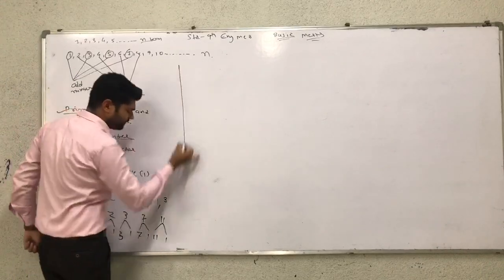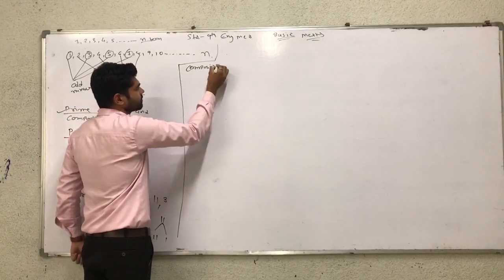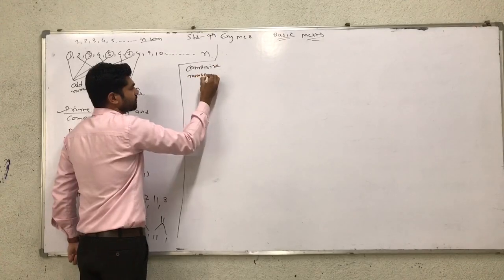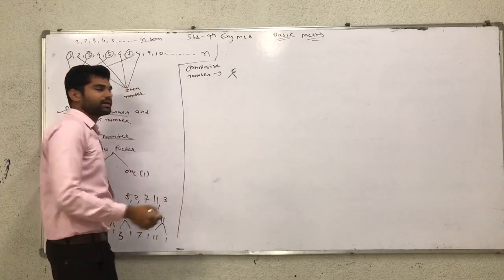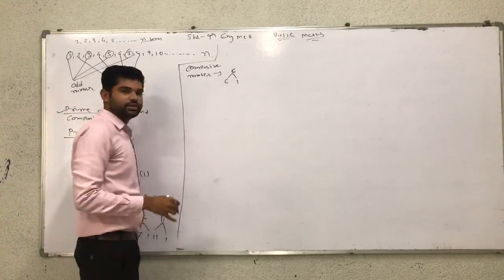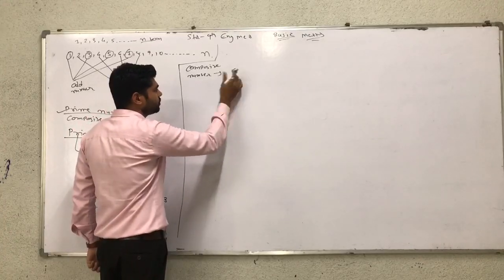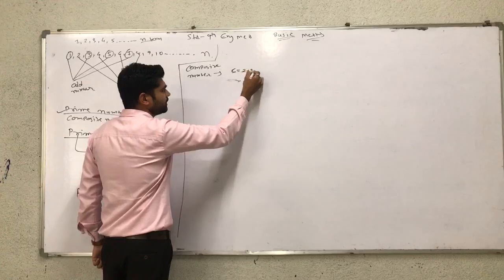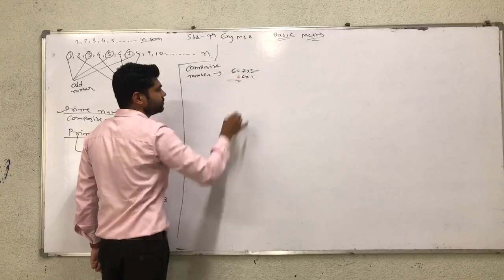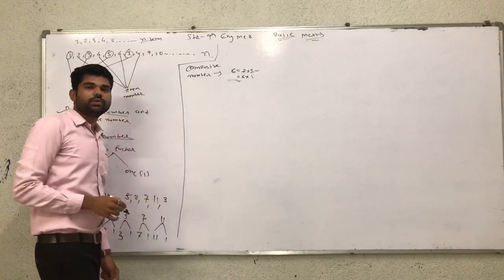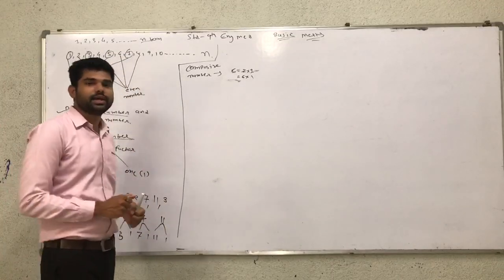For example, 6. 6 contains more than 2 factors. The number itself and 1 are factors, but 6 has total factors 2, 3, 2 into 3, 6, 6 into 1. So the number contains more than 2 factors, and this type of number is known as a composite number.